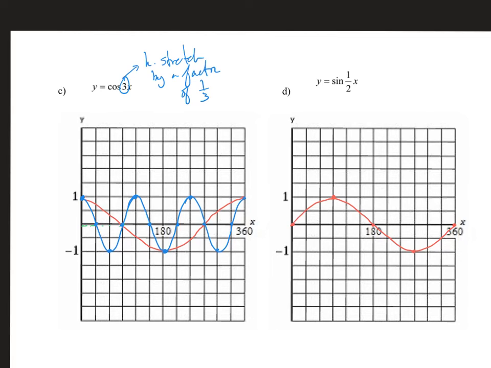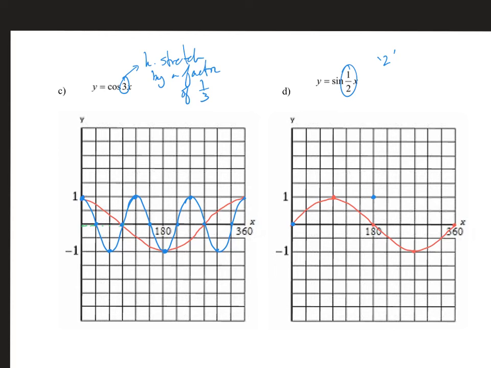Okay, now what does that 1/2 mean? We know that we're attached by multiply on the inside, so again, it's a horizontal stretch. But I need to remember that my factor is 2. So that means that all my points are going to be double the distance from the y-axis. So if I'm on the y-axis, I don't change. This maximum that used to occur at 90 will now occur at 180.